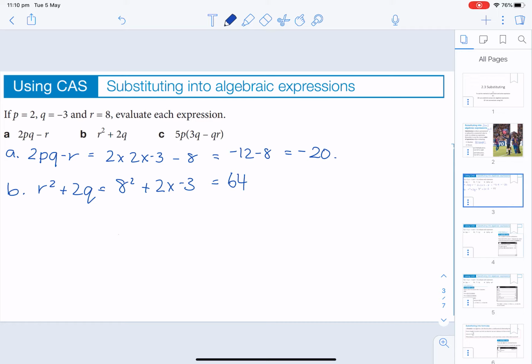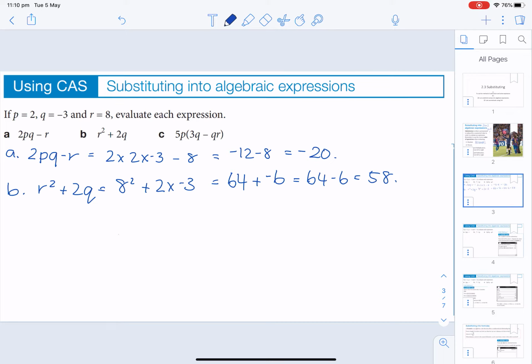Then I start with my multiplication of 2 times -3, which gives me -6. And I add that, and that's effectively 64 take 6, giving me 58. Again, another one I checked in the calculator and I know it's right.